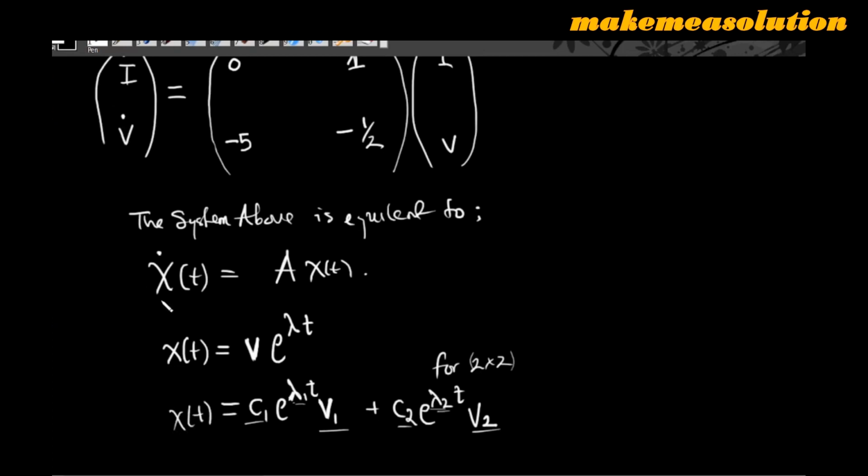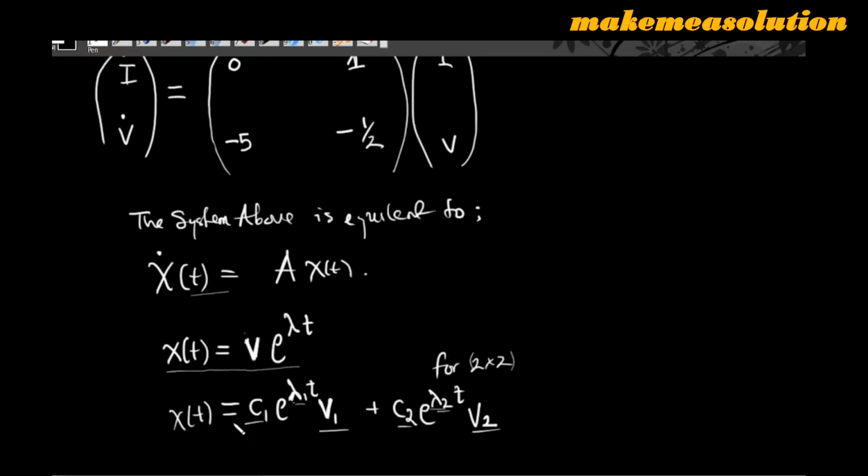Anytime you have a system given to you like this, which is a homogeneous system of equations, you have to express your solution in this form where v is an eigenvector. Some people write v with a dash or an arrow just to show that it's a vector, but I'm just going to make it bold so that you know it's a vector. Then you have your lambda for the eigenvalue, then your t.